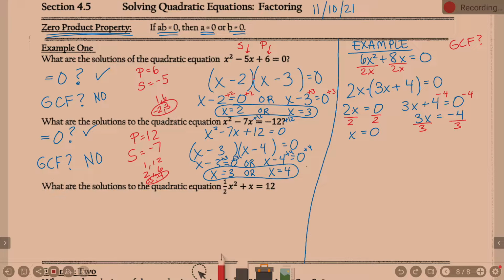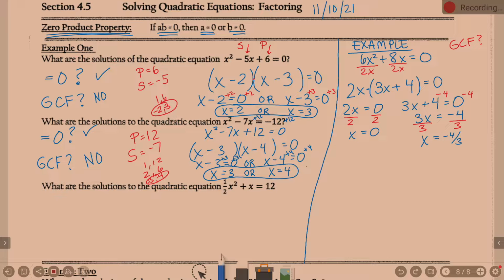And we get an answer of what? Negative 0.4 repeating. Throw the calculator aside. The 3's cancel. It's not passive algebra. Negative 4 divided by 3 is negative 4/3.